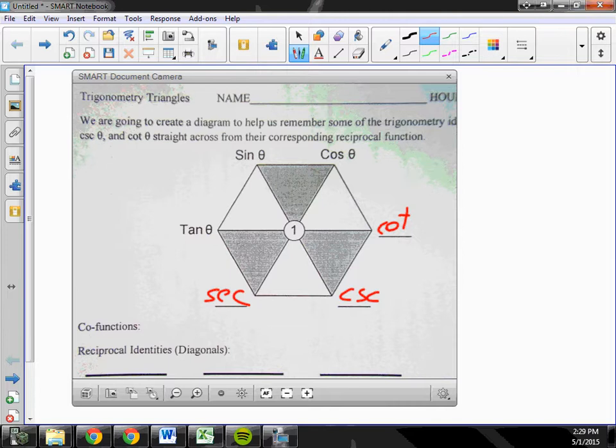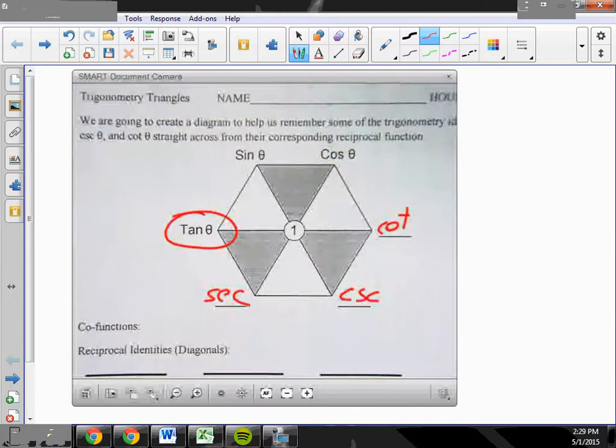Pay attention to this. For the product identities, any trig value on this hexagon is equal to the product of the 2 adjacent vertices. So you pick any one randomly. Tangent. The first product identity is tangent is equal to the sine times the secant.